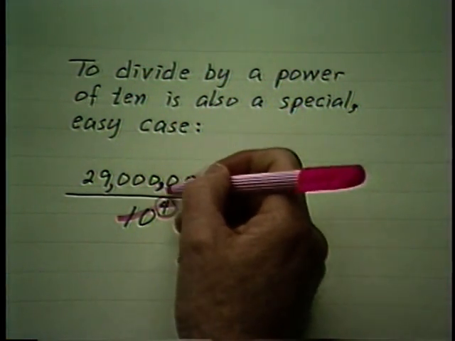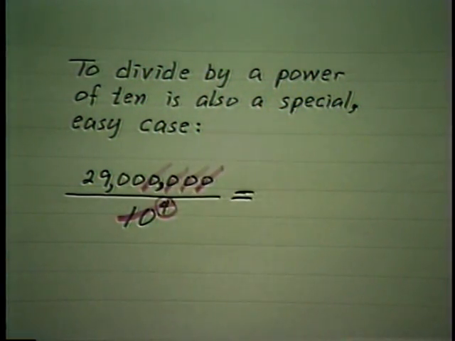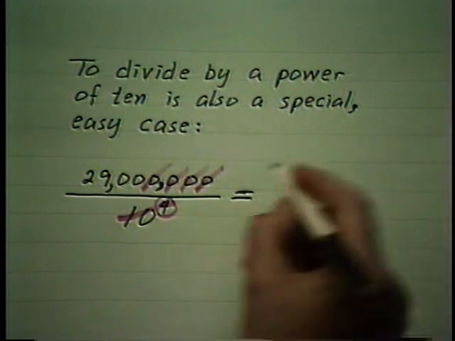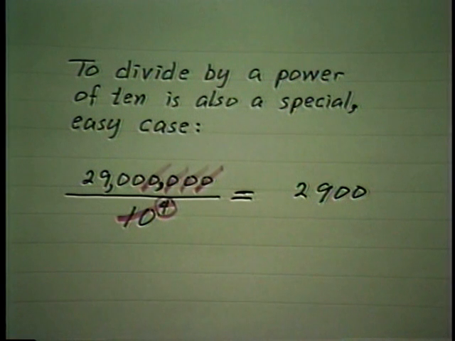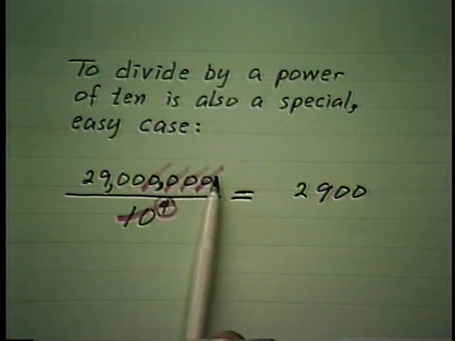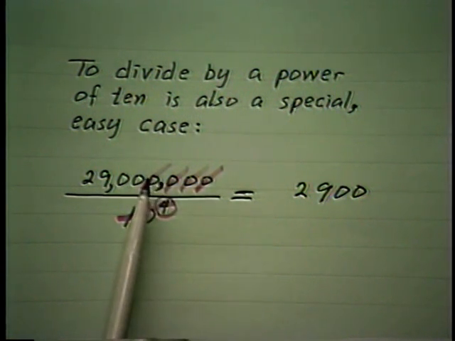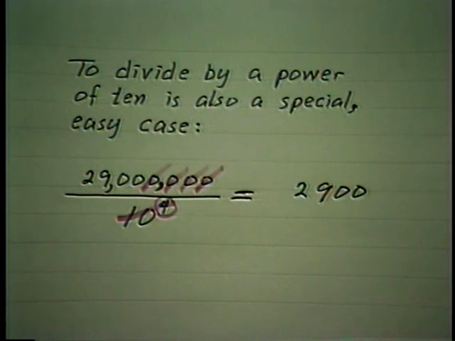So we do away with 4 zeros, and that leaves us with 2,900. Now you might ask, what do I do if I don't have these zeros to undo? Again, in that case, we would become involved with decimals, so we'll save that case until the chapter on decimals. But it's just as easy.